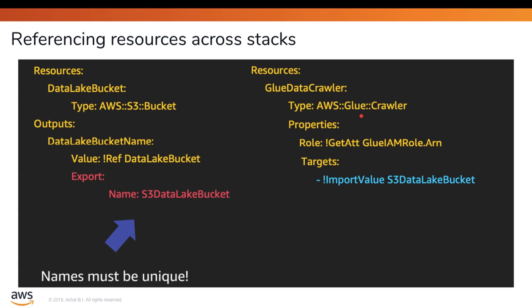If you have multiple stacks, in this example, I have created a data lake bucket and named it S3 data lake bucket. In another stack, we are importing the value of this bucket. So you could always reference it using import value, and exporting it from the source stack.